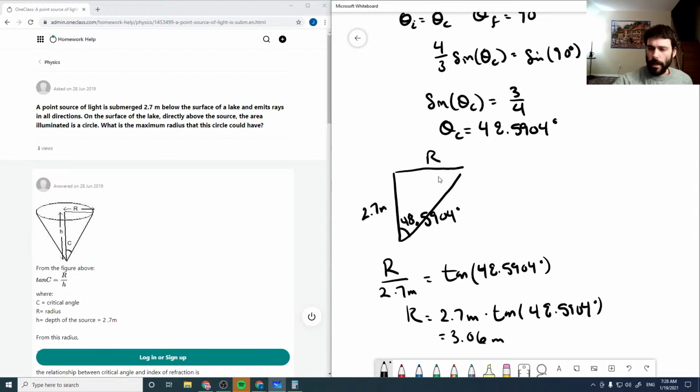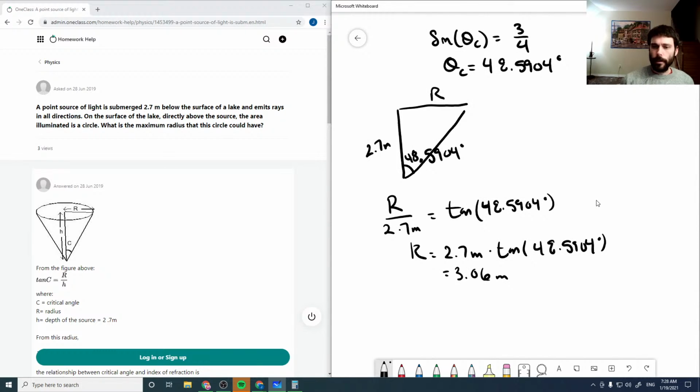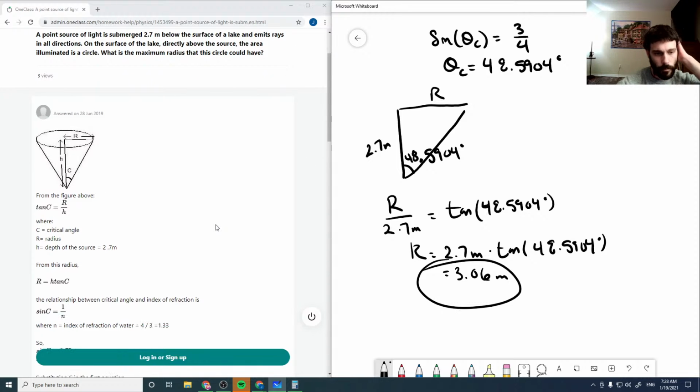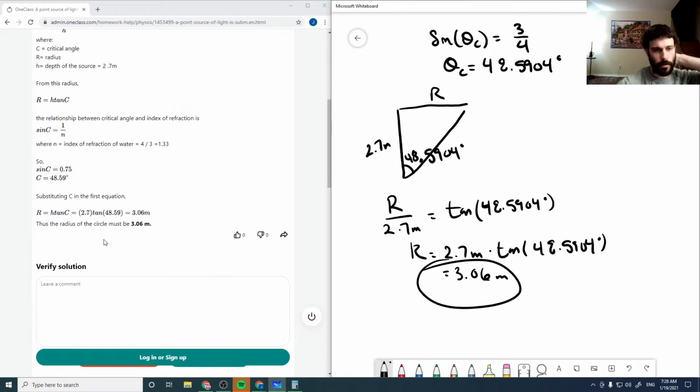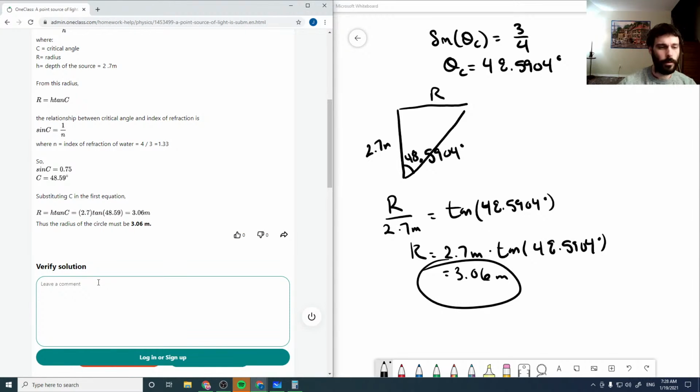So the maximum radius our circle can have is 3.06 meters. So our angle is 48.59, and so our maximum radius is this 3.06. And so that looks correct to me.